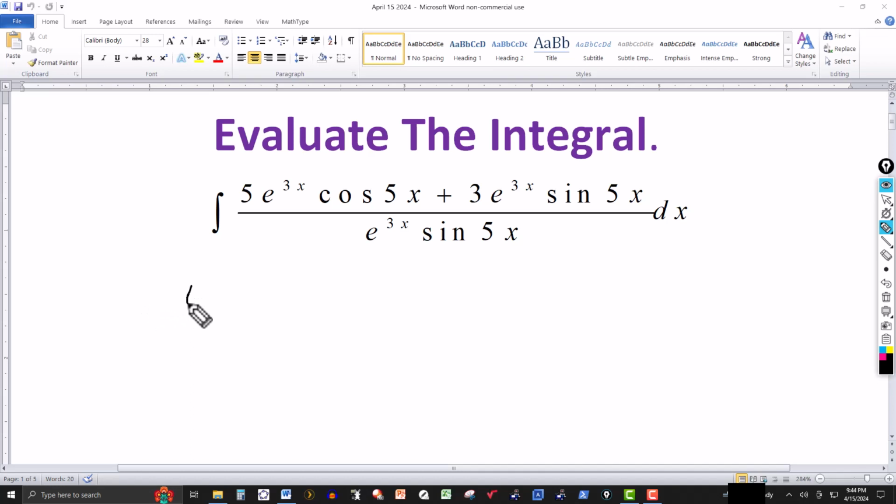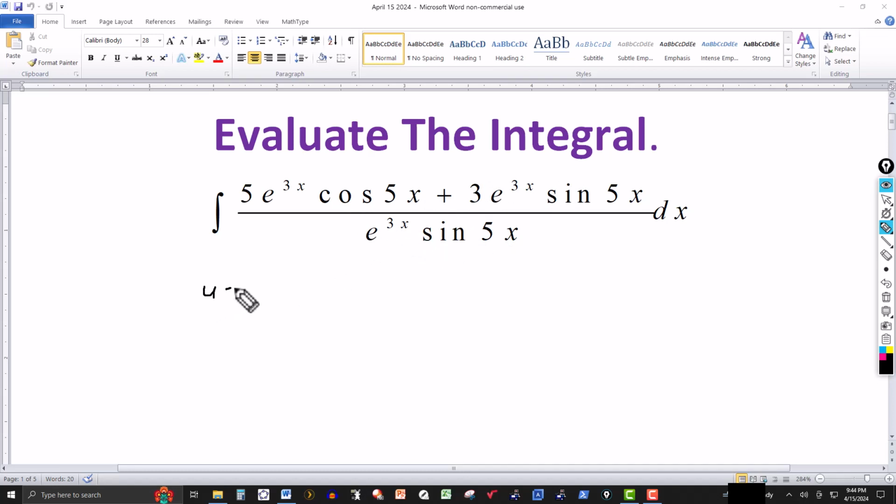Now the way I did it is probably the way you want to go. But if you notice here, if I take the derivative of the denominator, e to the 3x sine of 5x, you're going to get the numerator using the product rule. So let's look at it this way.